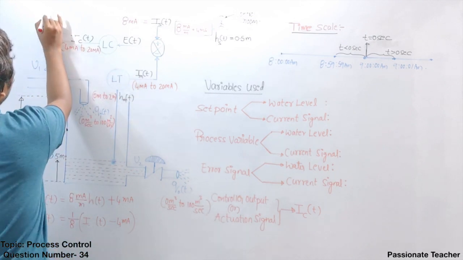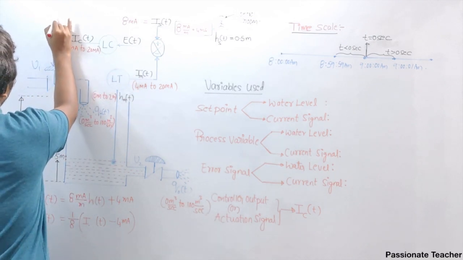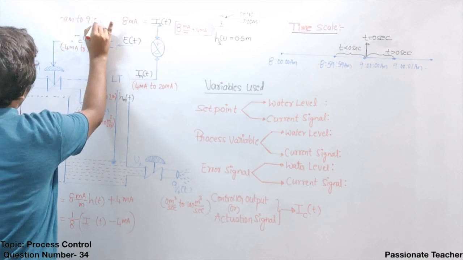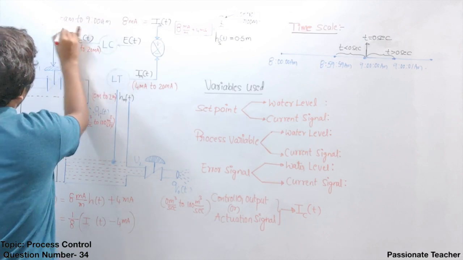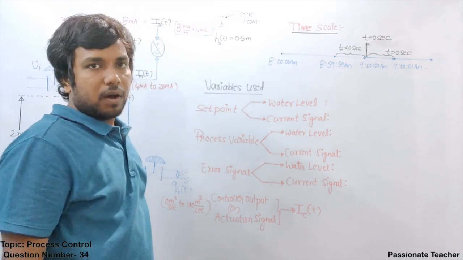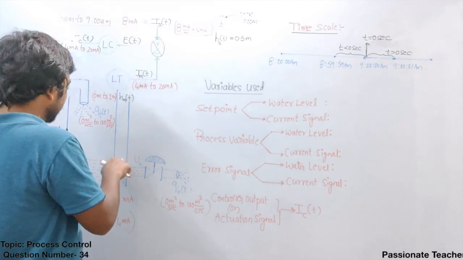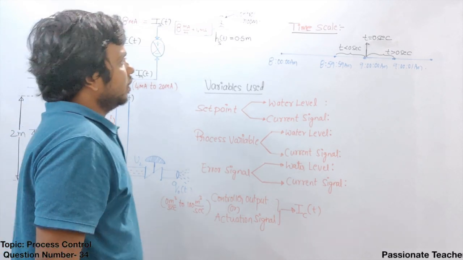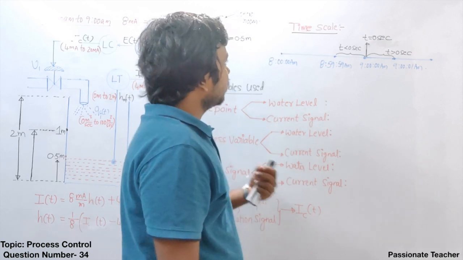Initially, from 8 am up to 9 am, that means less than 9 am, the tank is at steady state, or the tank is already having water inside, like 0.5 meter is the height. How can we think of this mathematically?